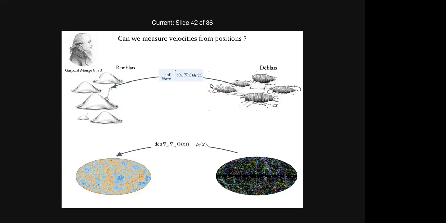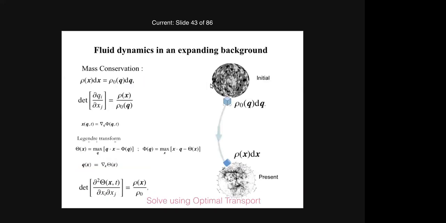Mathematicians and computer scientists have developed very powerful tools to solve this problem. So this is basically a problem of optimal transport. You have the positions of the galaxies or the sources now. You know that initially they were distributed homogeneously. You solve a mixed boundary value problem conserving mass. This gives you a fully nonlinear equation, the Monge-Ampère equation.